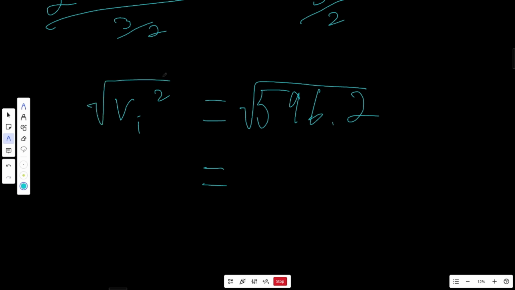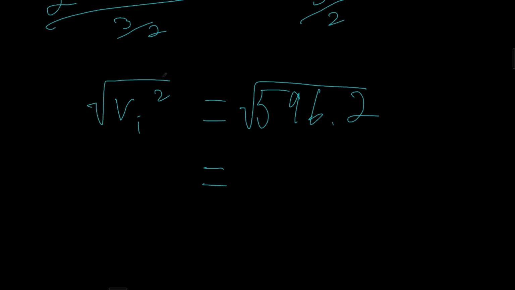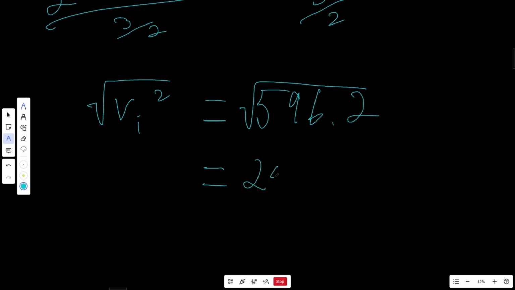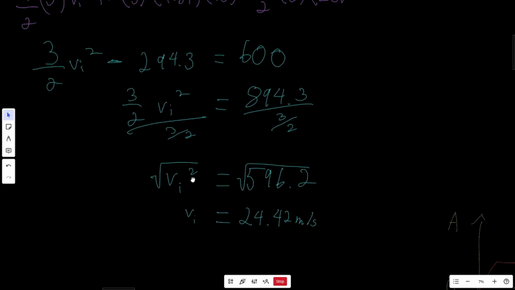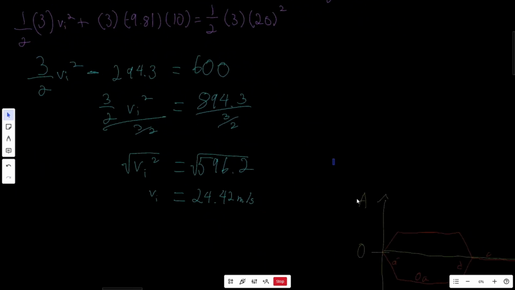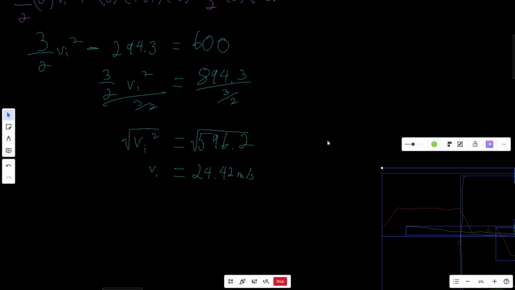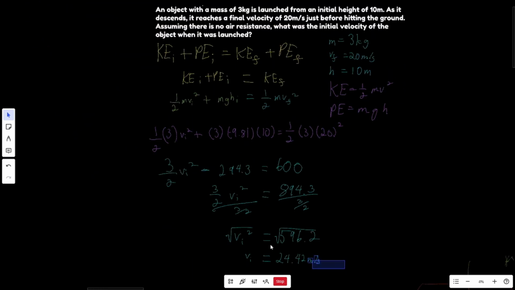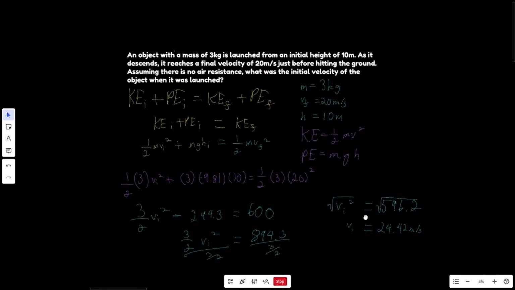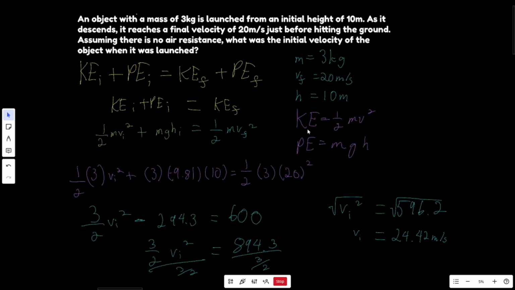So the square root of 596.2 is 24.41 meters per second. Or actually, it rounds up to 42, so let's change this to 42. And this is our vi. So that is how we get our initial velocity from the equations of conservation of mechanical energy.